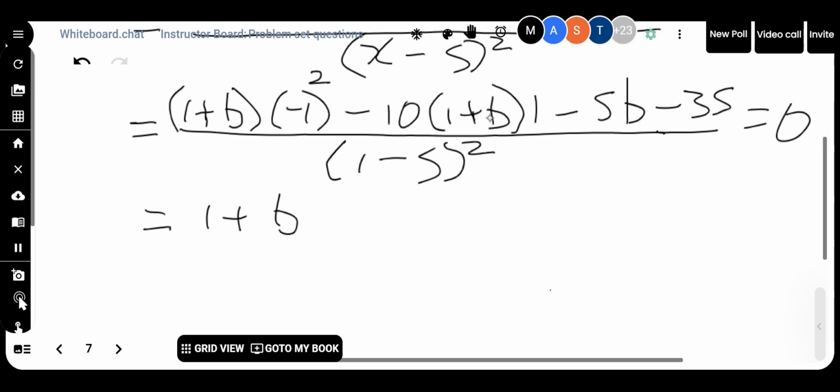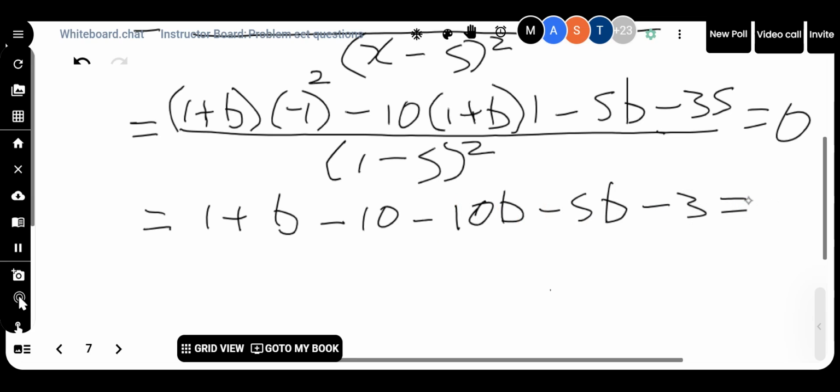So remember, it's minus 10 times, and there's a 1 here, so that doesn't really matter. So minus 10, minus 10b, minus 5b, minus 35, is equal to 0.